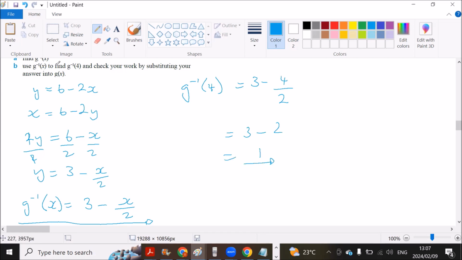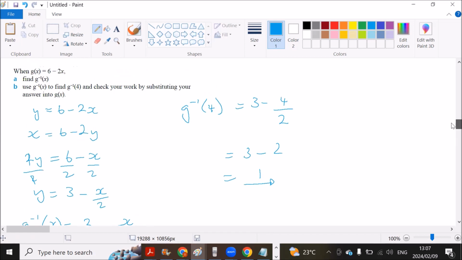Use g to the minus 1 of x to find g to the minus 1 of 4 and check your working by substituting your answer into g of x. Now our answer here is 1. G of 1 is equal to 6 minus 2 times 1, which is 6 minus 2, which is 4.